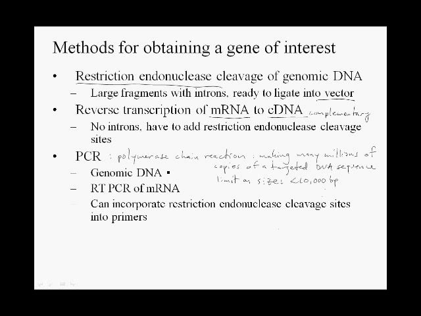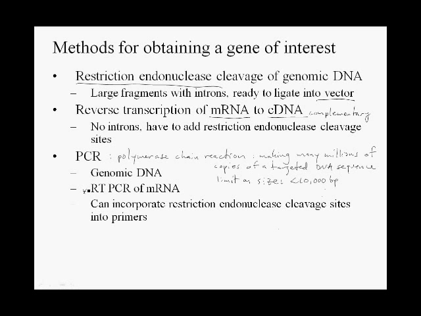Now, if we wanted to clone a bacterial gene, then it would certainly be feasible to PCR amplify the bacterial gene from bacterial genomic DNA, but it's not feasible to PCR amplify a 189,000 base pair CFTR gene from human genomic DNA, because that exceeds the size limits of PCR.